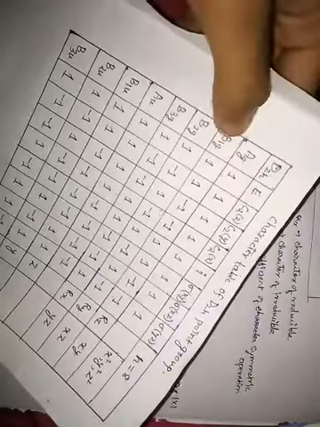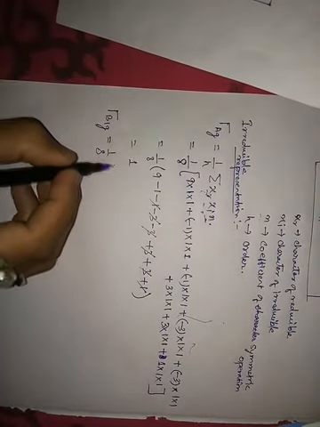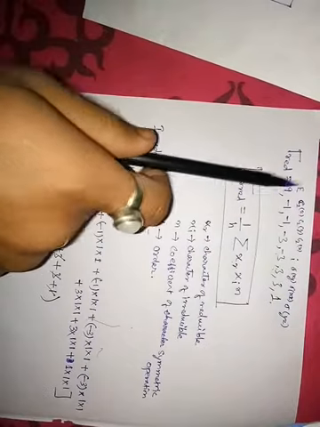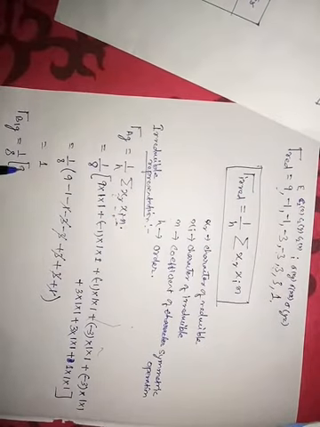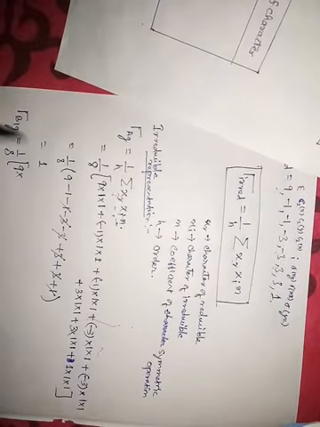So for b1g, you see how you are going to find it from the character table. Same formula, that means 1 by 8, and then you will have to do the summation of what? xr, so again you take irreducible character 9, into xi for b1g.